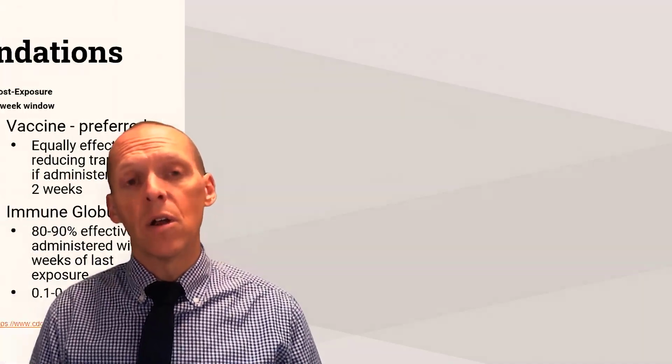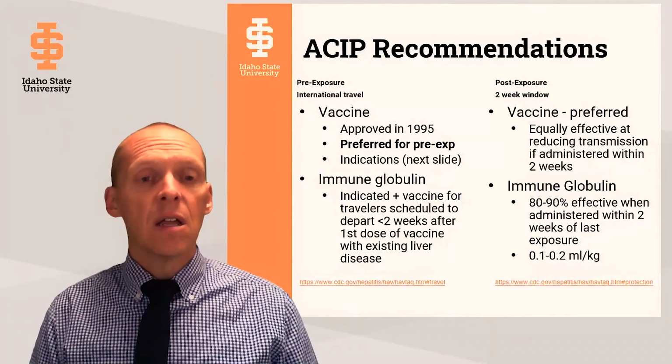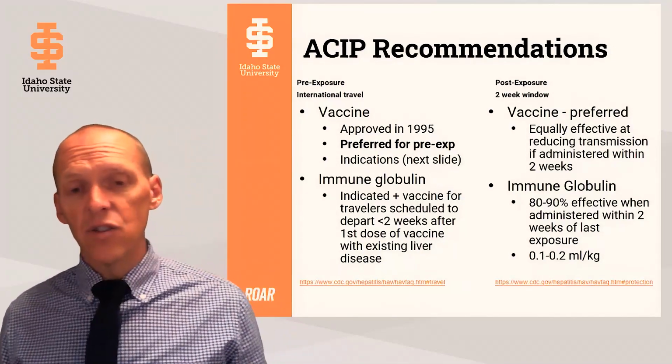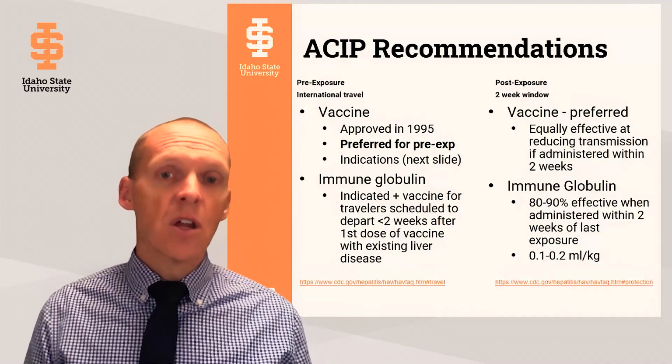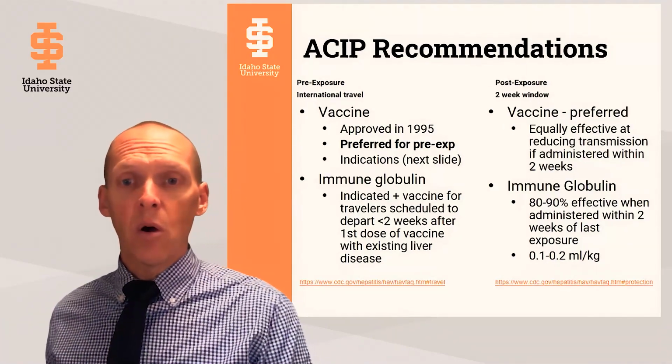The Advisory Committee on Immunization Practices, or ACIP, has very strong and clear and well-supported recommendations for hepatitis A vaccine. And outside of general recommendations for children and adults, we have what's referred to as pre-exposure use as well as post-exposure.